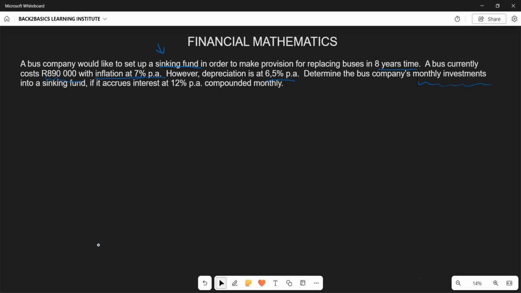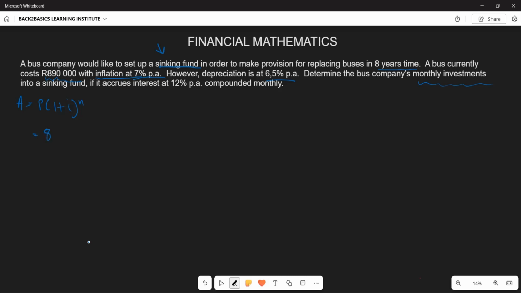We are going to start with inflation. The formula for this one is the compounding formula, which is A = P(1 + i)^n. Let's see what we have here.